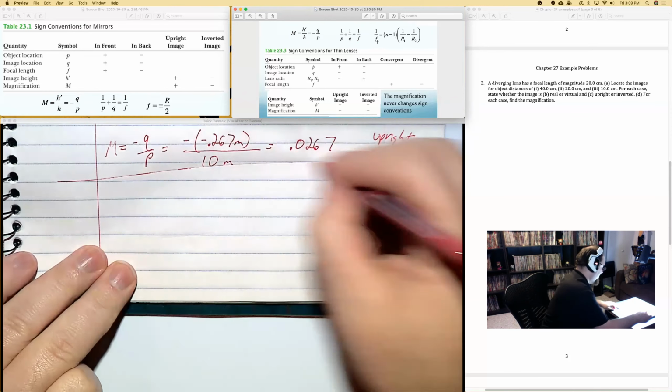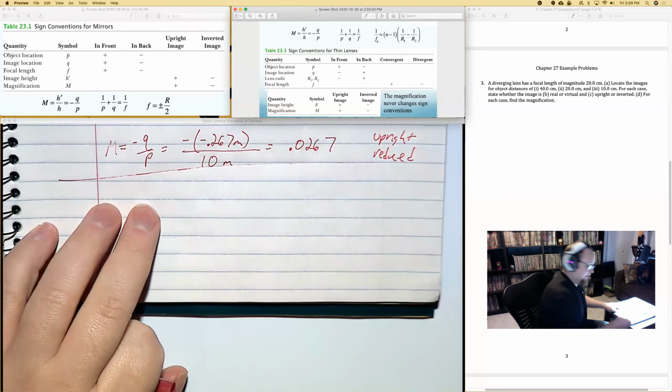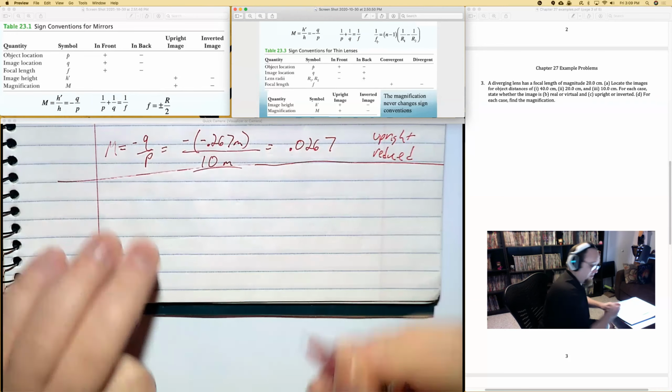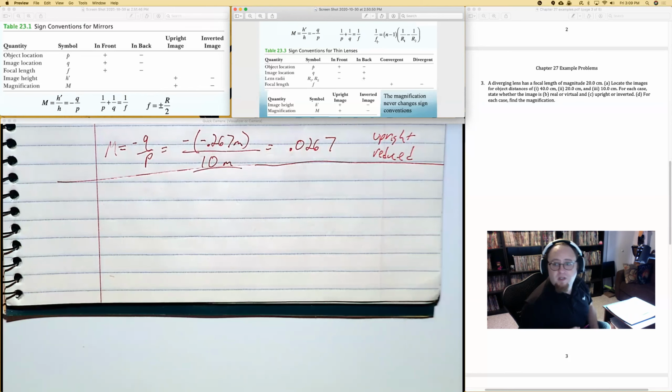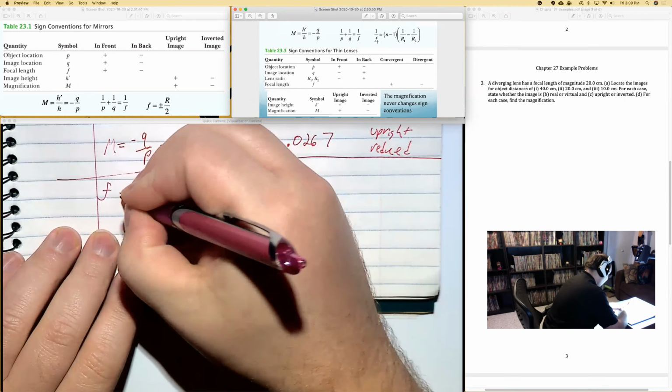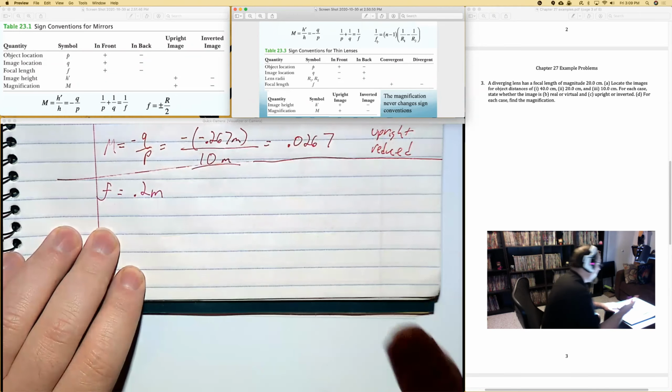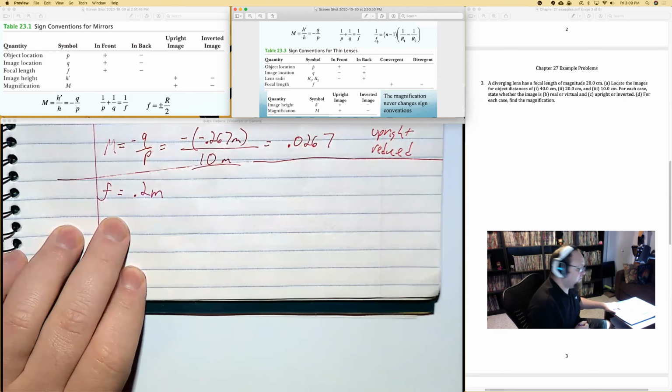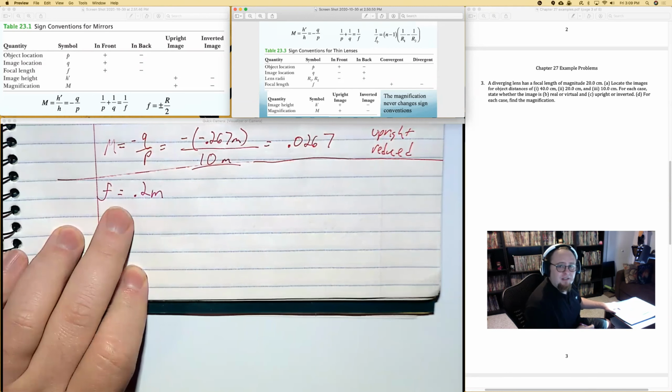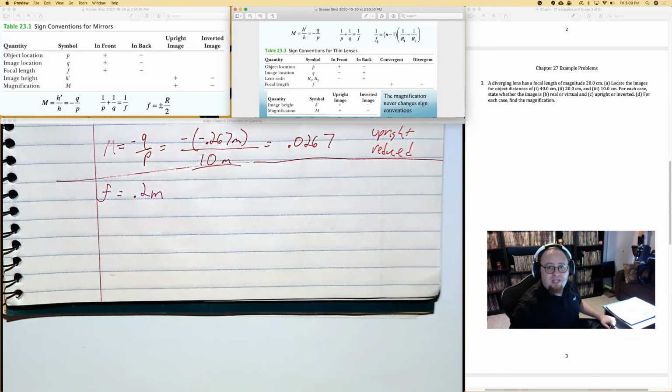So I can probably fit this at the bottom of this page. I'm going to leave that information up there and just keep working. So a diverging lens has a focal length of magnitude 20 centimeters. Okay, so F is 0.2 meters. You really could work in centimeters with these, I just never do. But this is a diverging lens. A diverging lens is, well, you can just look at my little table here.